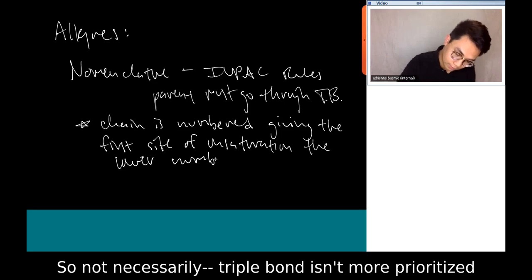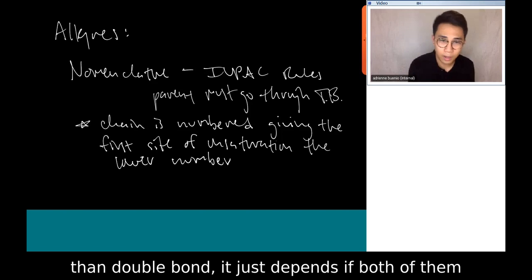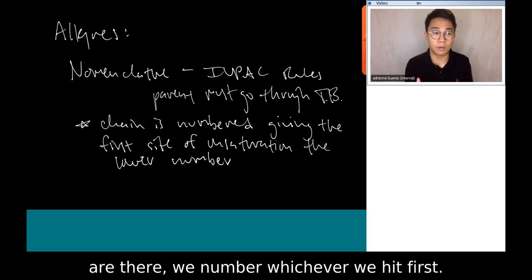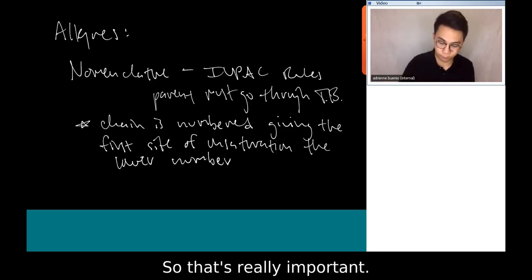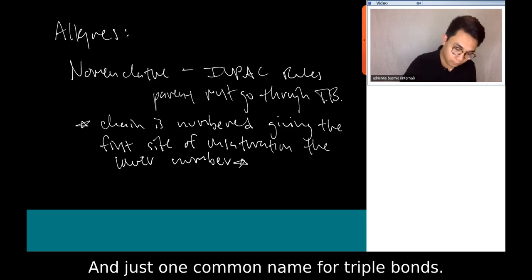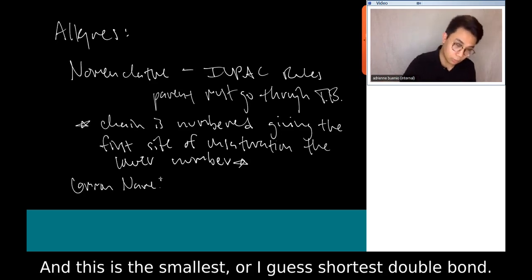So the triple bond isn't necessarily prioritized over the double bond. If both of them are there, we number from whichever we hit first. Do we hit the double bond first or the triple bond first? That's what we're gauging it on. So that's really important.